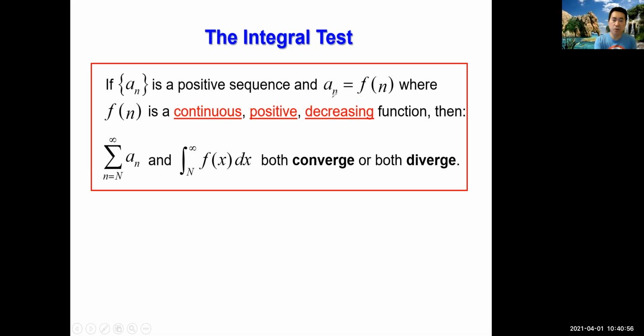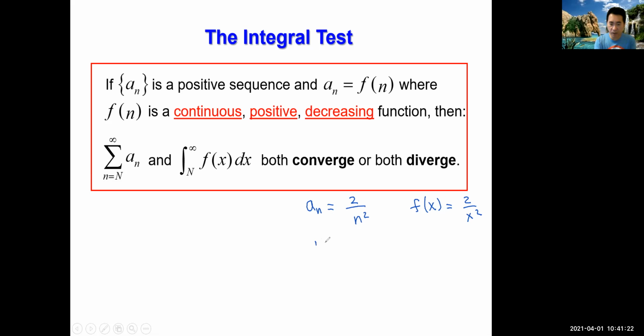If the formula for a sub n is 2 over n squared, then the function f of x will be 2 over x squared. See, this one and that one are the same formula. That one is in terms of n, that one in terms of x.